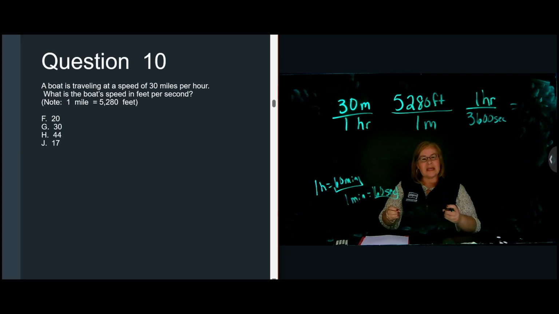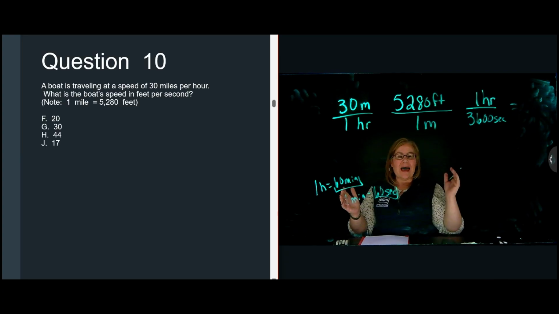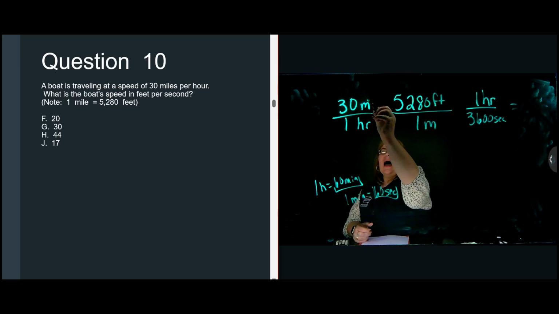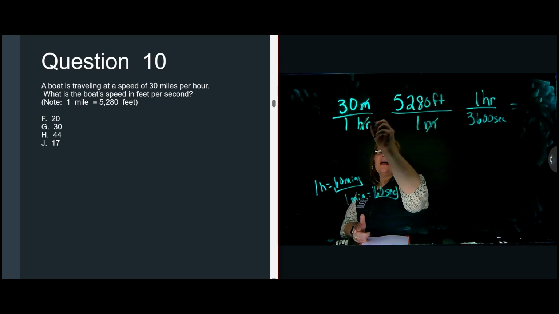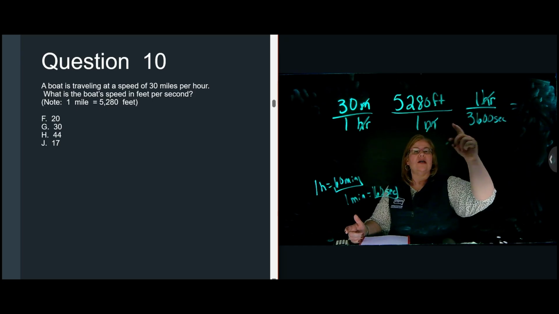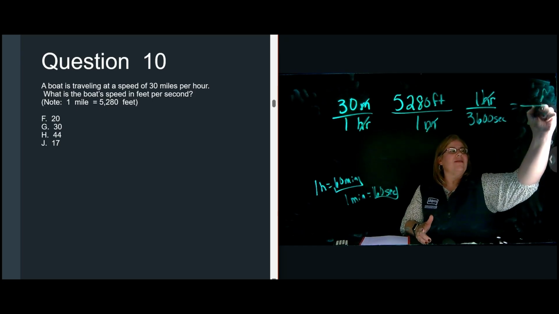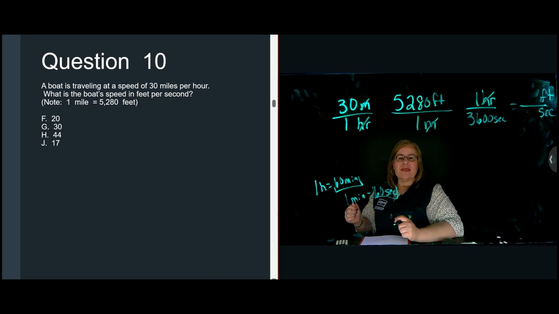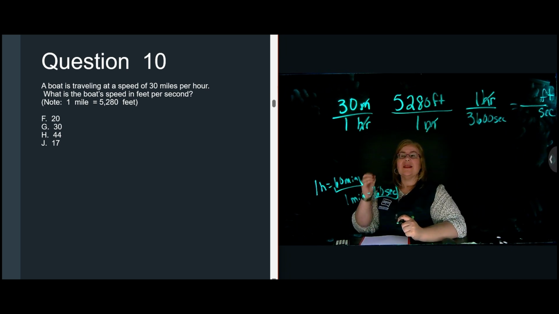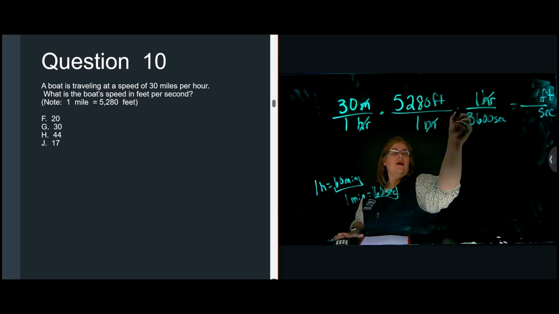All right, so then I'm going to try and eliminate as many of these units as I possibly can, where I'm going to cross mark them out. So I can mark out mile and mile. I can mark out hour and hour. So I'm left with feet over seconds. All right, so now that we've got the measurement portion, let's go ahead and multiply our numbers.